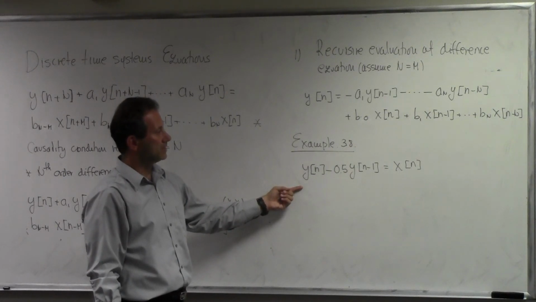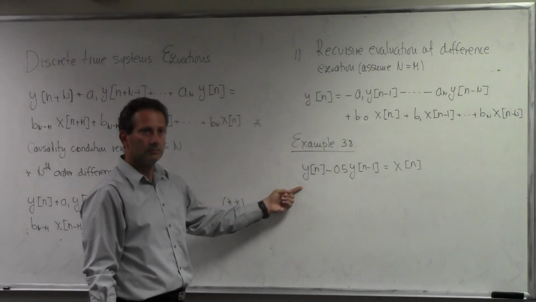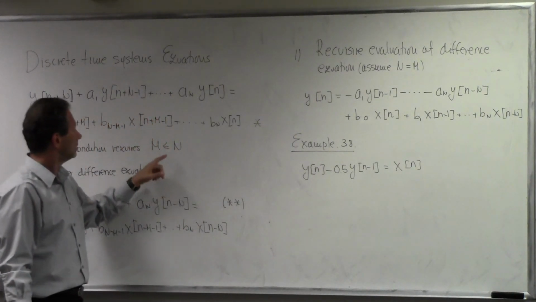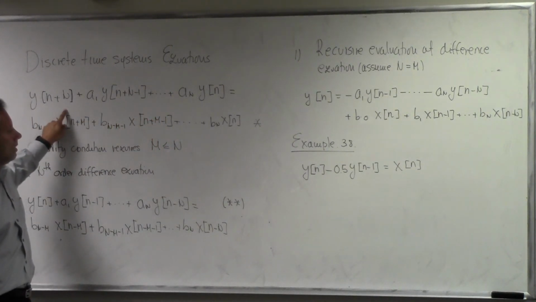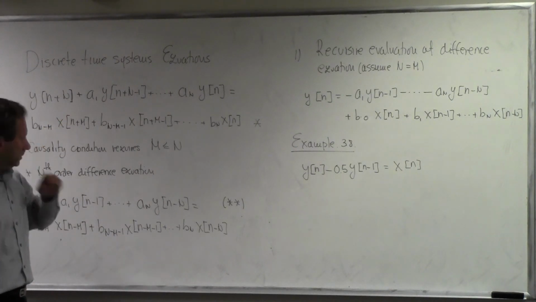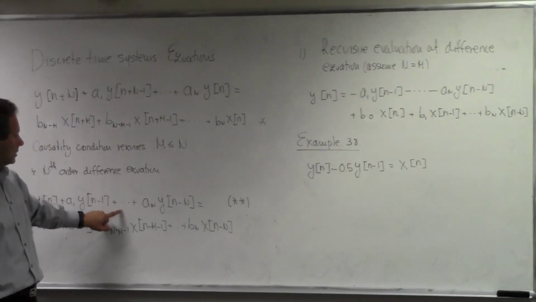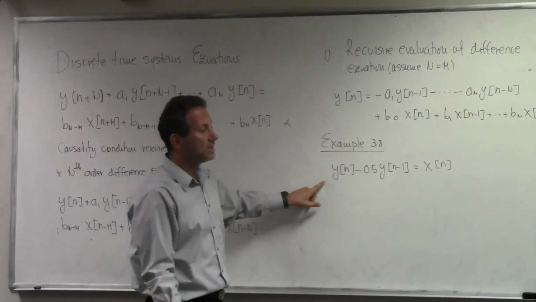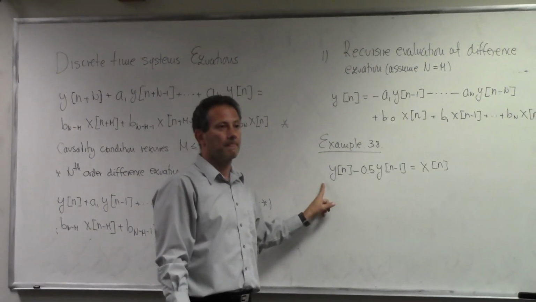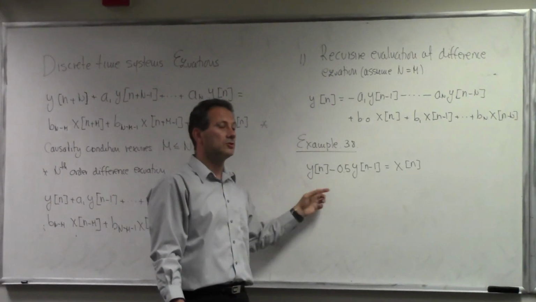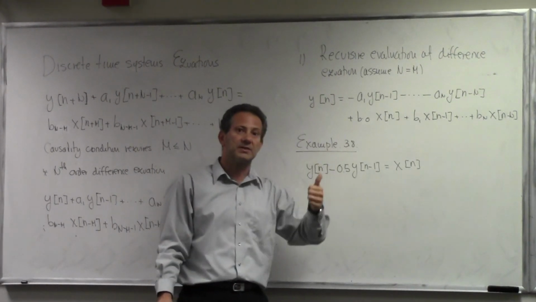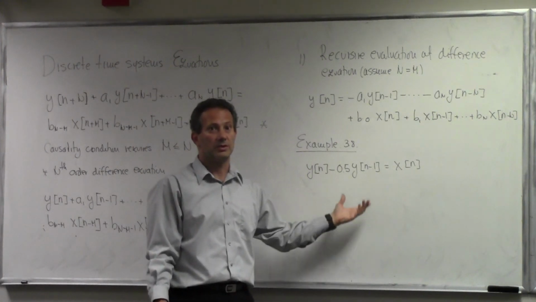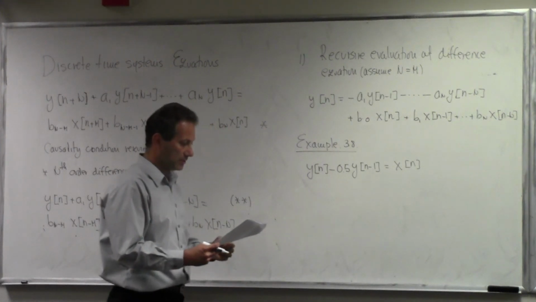N is equal to 1. And what is M equal to? 0, right? So I'm depending on one past output and just the present input. So this is the difference equation.